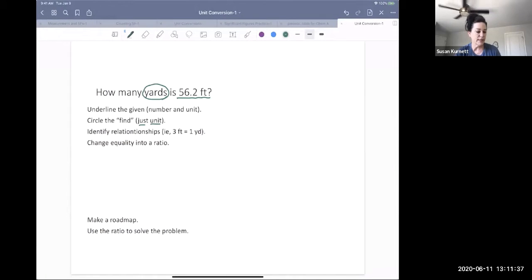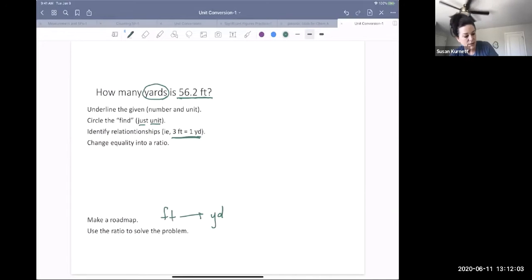And then we're going to identify a relationship between feet and yards. 3 feet equals 1 yard. And then we're going to change that equality into a ratio. So it helps to make a roadmap. I underlined feet, that's my starting place. And I'm headed to yard, that's what I circled. And I need the feet to go away.